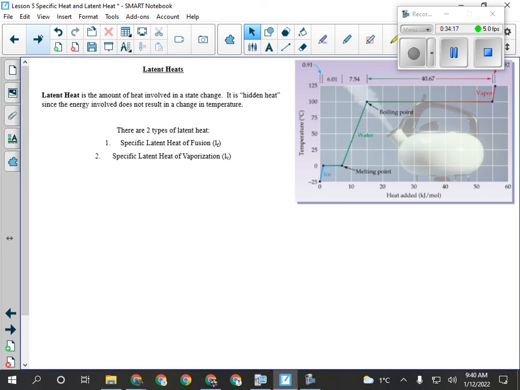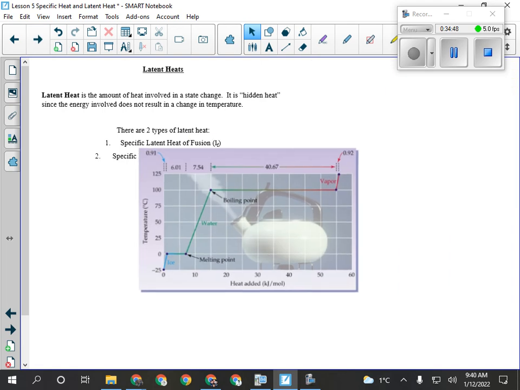Temperature measures the kinetic thermal energy of the substance, of the particles, basically how fast they're moving. Potential thermal energy is related to what state the material is in. Once the material melts and the particles can move apart from each other, they now have the potential to go back together. And when they do that, they'll release all the energy that was required to make them move away from each other. Everyone kind of follow me there?